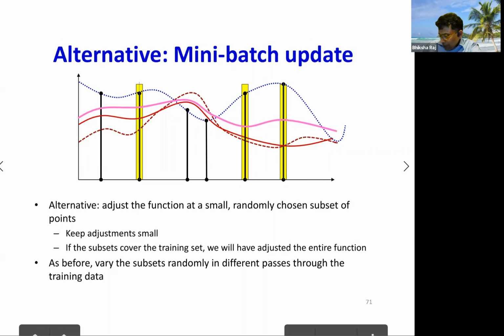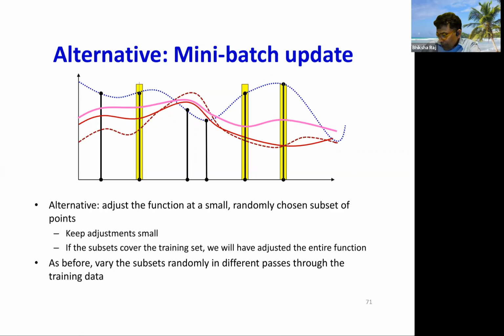And if we continue to repeat this process, drawing random subsets of training instances from our training set and updating the model with those points each time, we will eventually cover the entire training set. And as in SGD, we're not going to make very big adjustments, but keep the updates small within each mini batch. But eventually, we would still have updated the model everywhere, and in a single pass through the entire training data, in which we will fit many mini batches, you would have made multiple updates.